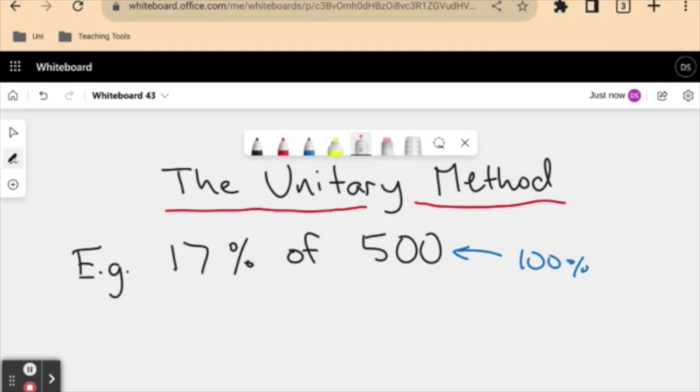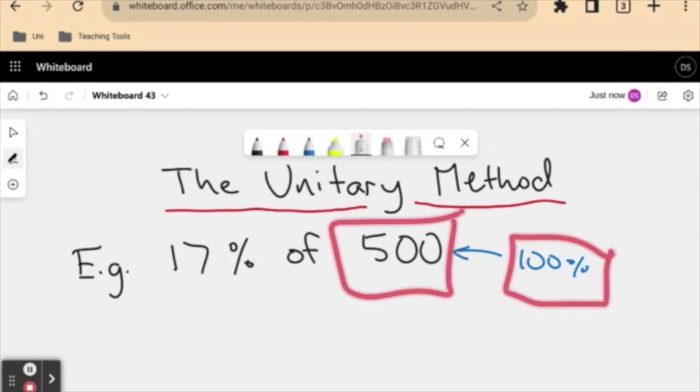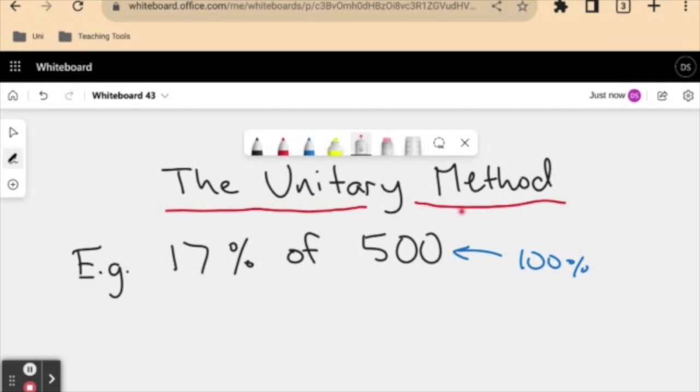Well, what I want to do is I want to get this 17% to 100%. Well, actually, no, I want to go the other way. I want to get this 100%, my whole of my quantity, to 17%. Because I want to find the smaller number of it.